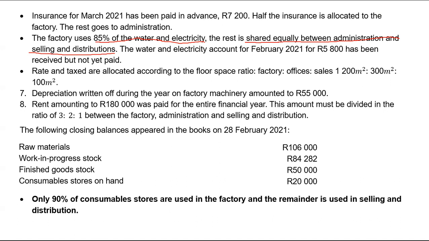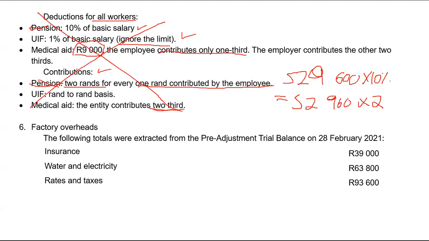That is the allocation. But before we can allocate, I said we need to first do what? We first need to adjust. And this is the adjustment where they say that the water and electricity account for February, which is 5,800, has been received but not yet paid, meaning that amount was not included in the water and electricity expense of 63,800.